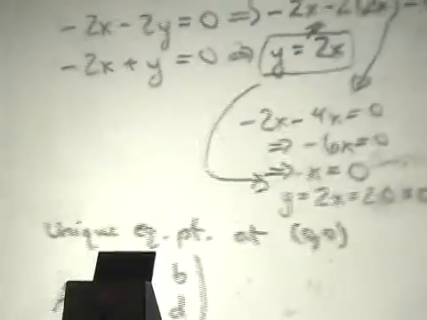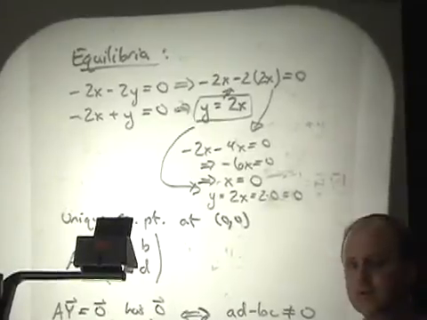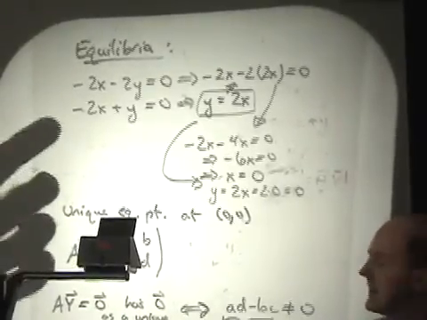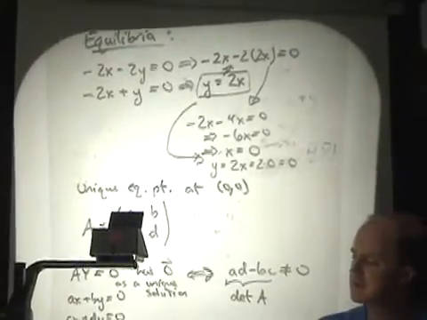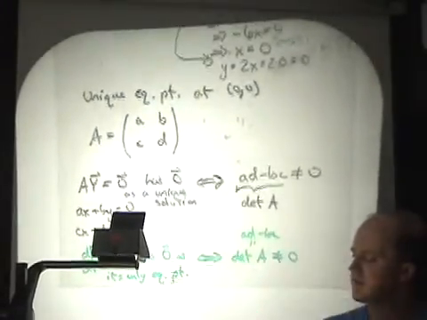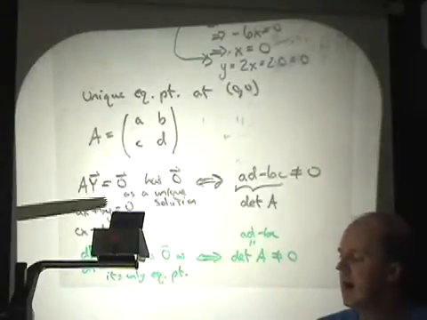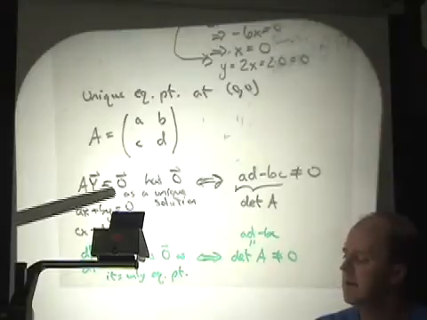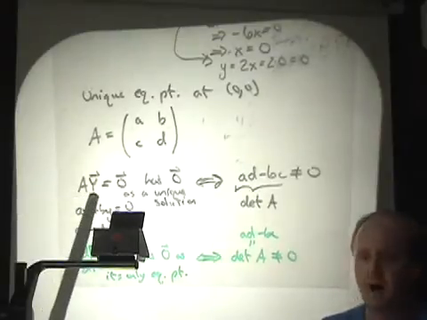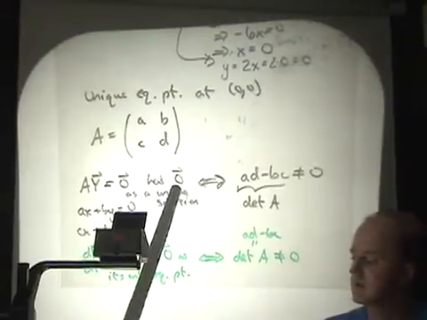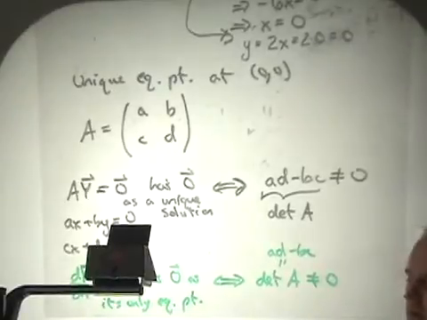I also showed you, as usual, that the first thing you want to do is find any equilibria, setting the right-hand sides equal to 0 and solving for x and y. And with linear systems, there's this fundamental fact: the equation A times y equals the 0 vector has 0 as its unique solution for y, called the trivial solution, if and only if the determinant of that matrix is non-zero.